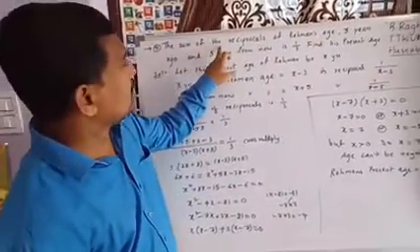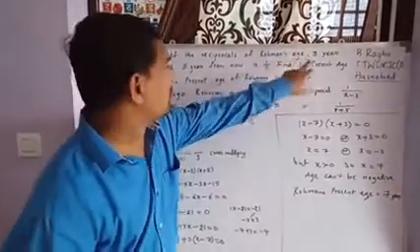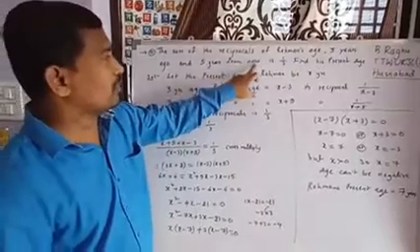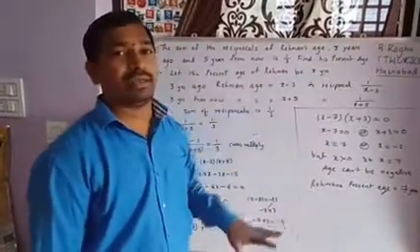The sum of the reciprocals of Rahman's age 3 years ago and 5 years from now is 1 by 3. Find his present age.